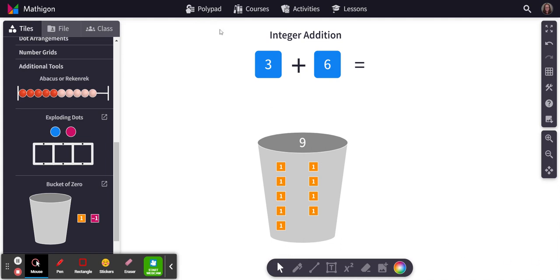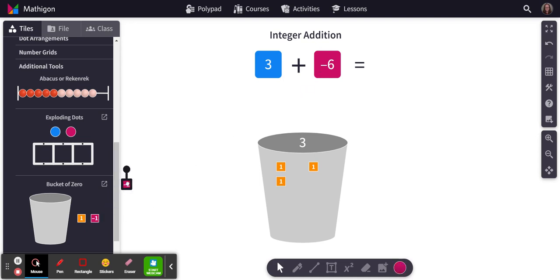Okay, but let's get some negative numbers in here to make it a little bit more confusing. So what if I want to do 3 plus negative 6? What does that mean? We are going to start with a bucket with 3, but we want to add in negative 6.